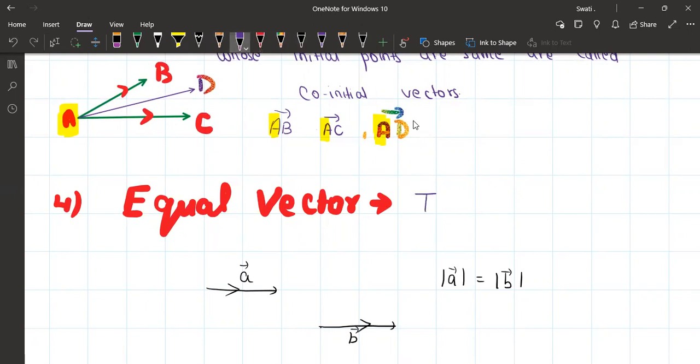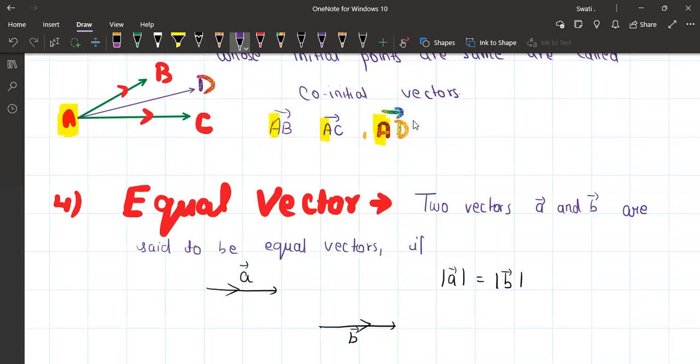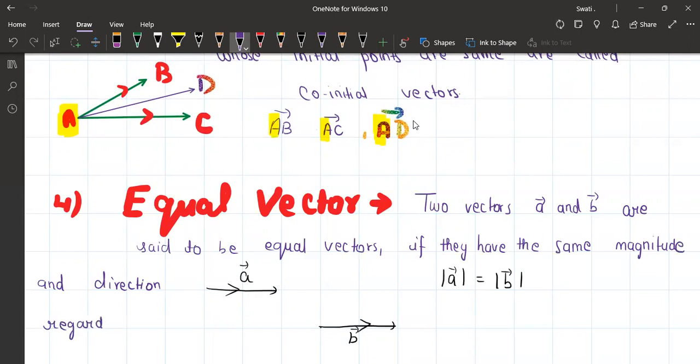Let me write this down for you. Two vectors A and B are said to be equal vectors if they have the same magnitude as well as the same direction, and the very important point, regardless of the position of their initial points.